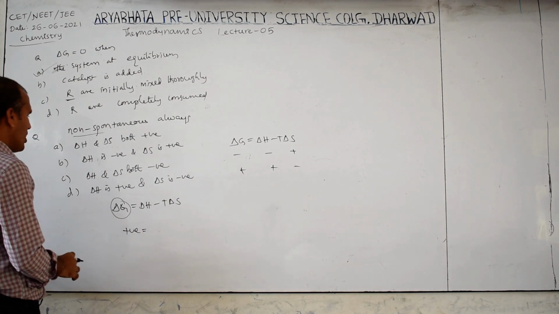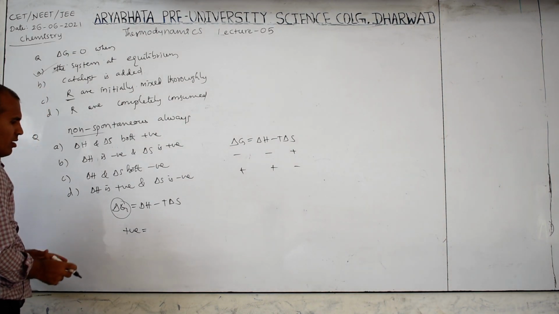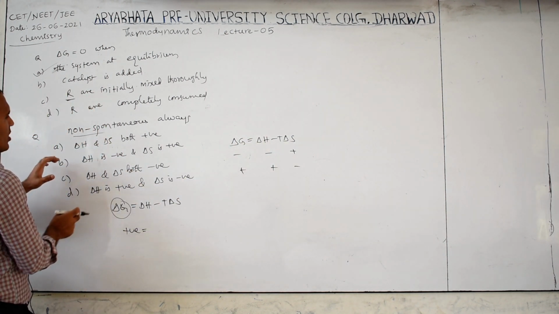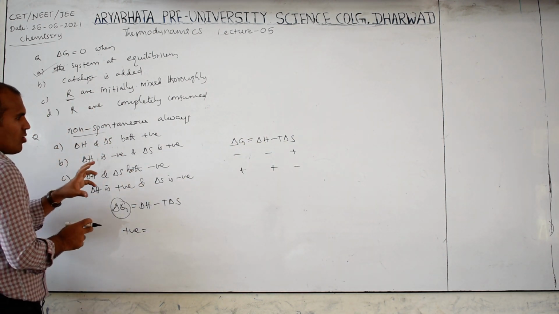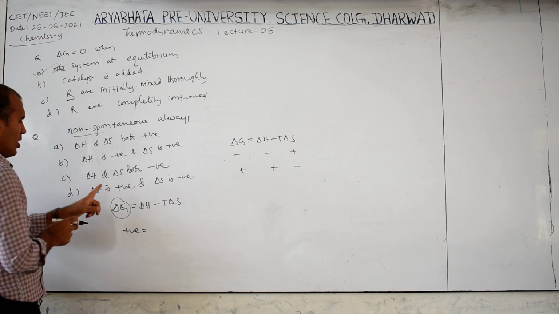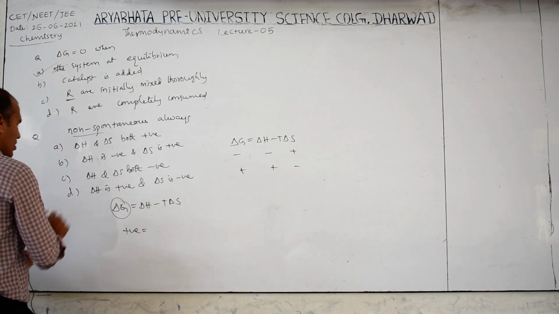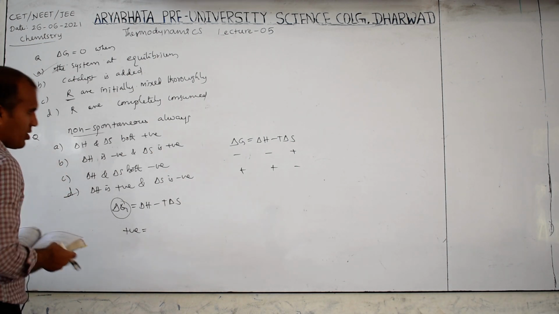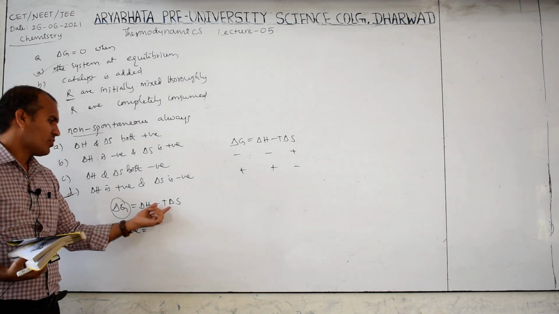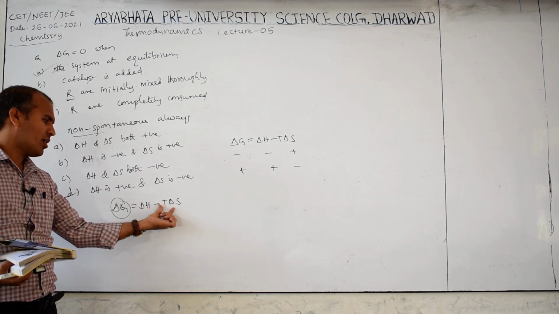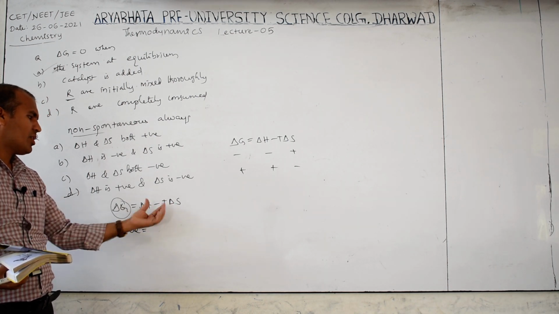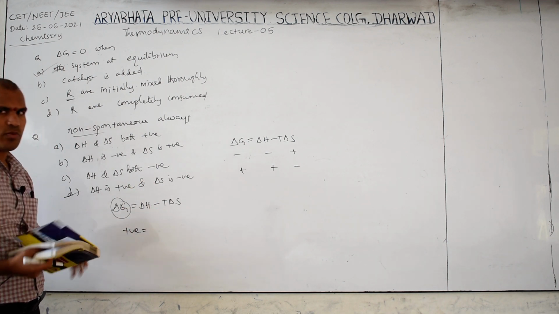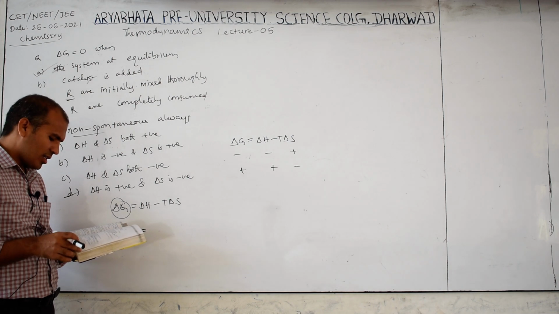Therefore, which condition is there? Delta G positive means delta H positive. Delta H positive, what are the conditions? Both are not positive, only one is positive. Delta H positive, delta S negative. Then D option is correct. At any condition, if it is negative, negative into negative is positive. At any temperature, you will get a positive value. This is also positive. Positive plus positive, you will get positive only. Therefore, this is always the condition.